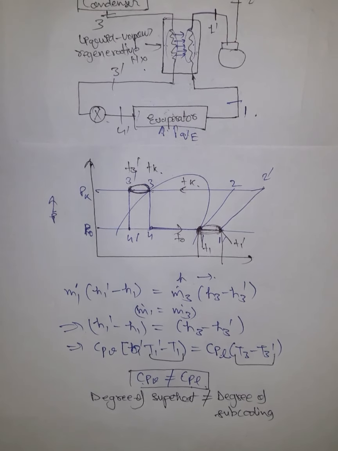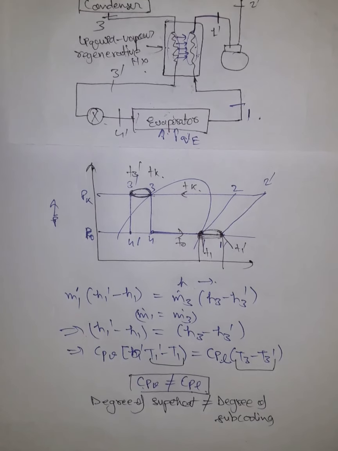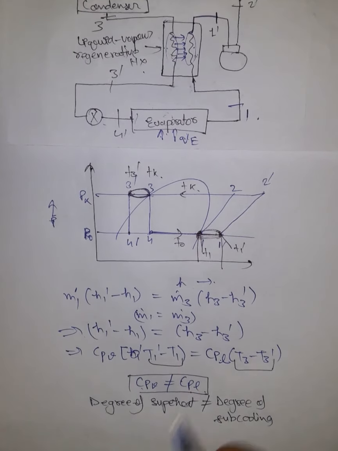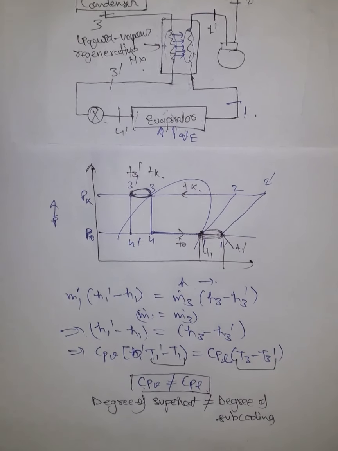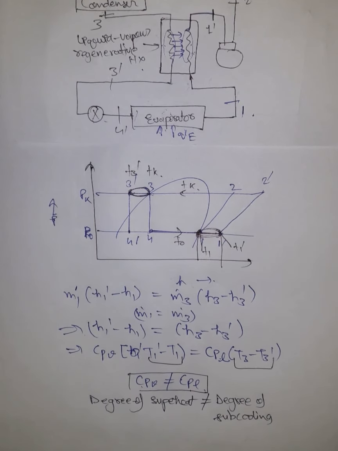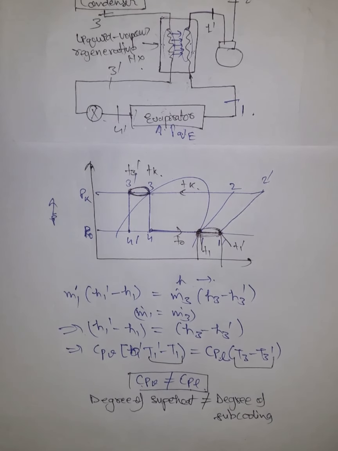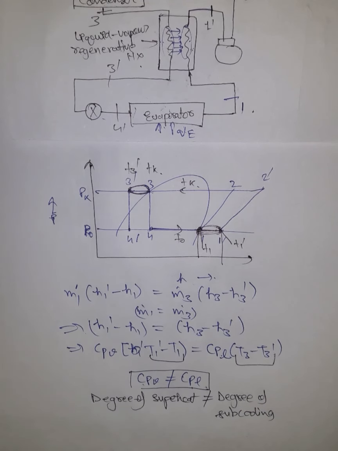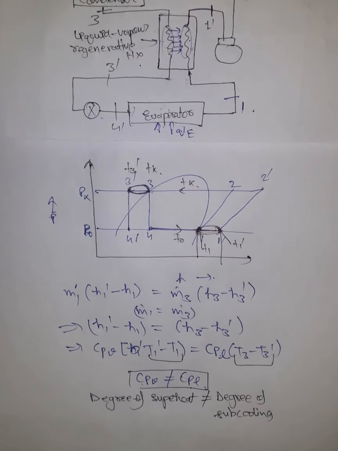So in practice, the suction volume per ton of refrigeration, that is the volume available at the inlet of the compressor, is reduced for R12 refrigerant. But for some other refrigerants like Freon 22 and ammonia, the suction volume per ton and the horsepower required per ton of refrigeration actually increase.